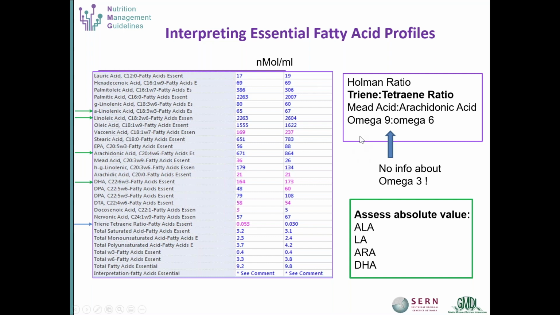One thing that we do want to point out is the Holman ratio, or it can be called the triene to tetraene ratio. This does not give you information about a patient's omega-3 fatty acid status. So if you're concerned about their omega-3 intake, that is not a ratio that's going to help you with the interpretation.